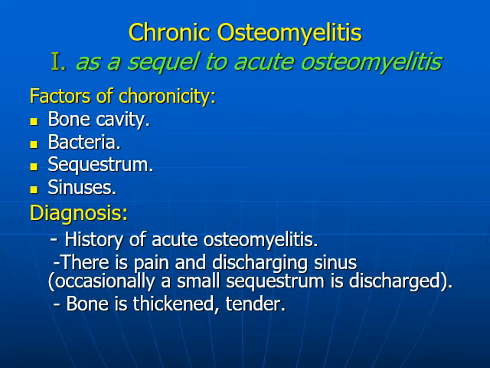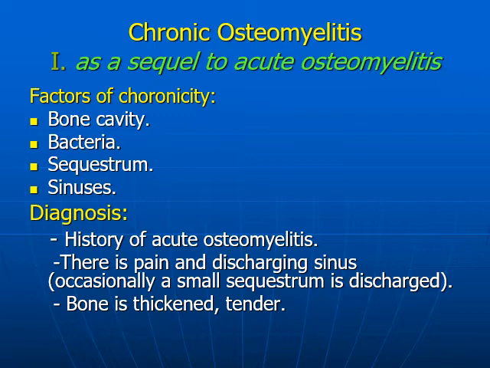Okay, what about chronic osteomyelitis as a sequela to acute osteomyelitis? Why does acute osteomyelitis become chronic? Because of persistence of bone cavity, bacteria, sequestrum, or sinus. How to diagnose? We get a history of acute osteomyelitis, and there is pain and a discharging sinus, and sometimes the sinus itself produces small sequestra or small dead bone.